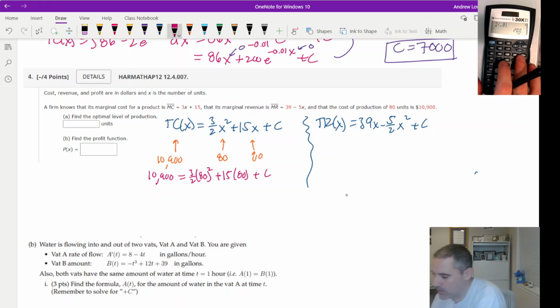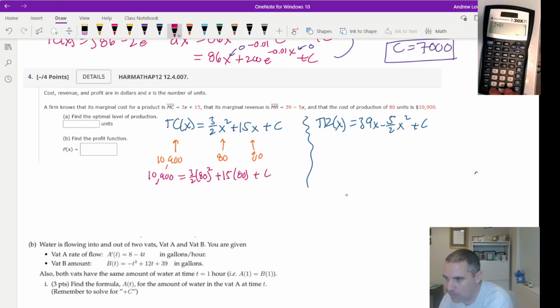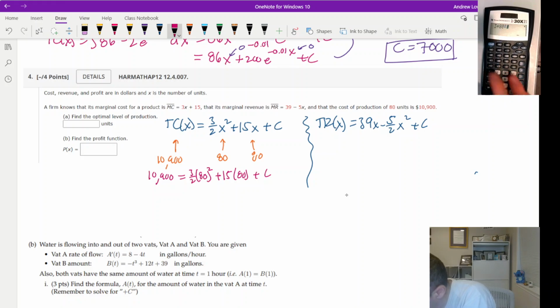But now it's probably a good time for the calculator. I probably would just type the big chunk of this in. So 80 squared. It's 3 times 80 squared over 2. I could have written it as 3/2. That just made more sense to me typing it in that way. So that's that number. And I would like to add 15 times 80.